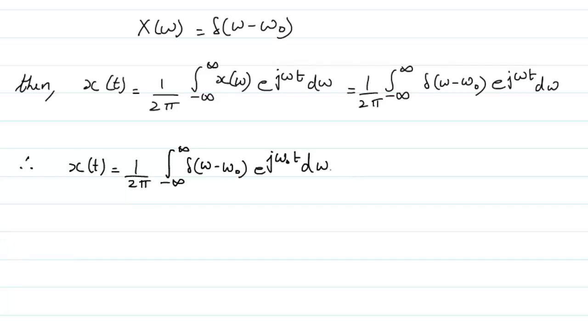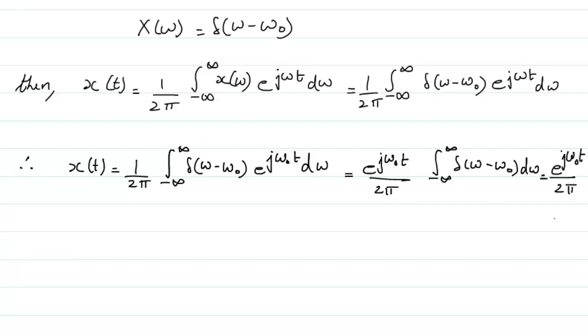Now since it is omega naught, I can take it outside the integration. So e raised to power j omega naught t divided by 2 pi times integral minus infinity to infinity delta omega minus omega naught d omega, which is basically 1. The integration is 1, so I will get e raised to power j omega naught t divided by 2 pi.